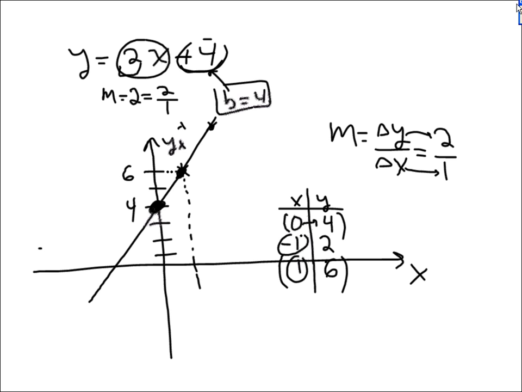So if you read off the slope and you read off the y-intercept, if it is in slope-intercept form, then you can graph it with that information. If I ask you to graph y is equal to -2 over 3x minus 4.